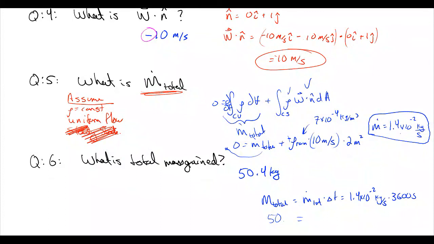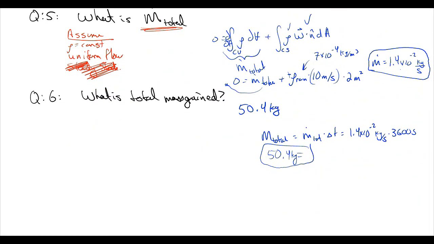We're going to double check that though. 1.4 times 10 to the negative 2 times 3,600. Yep, 50.4 kilograms. So you gain about the weight of a person, a light person, after driving around for an hour in this medium rain. Cool. And that's a conservation of mass.